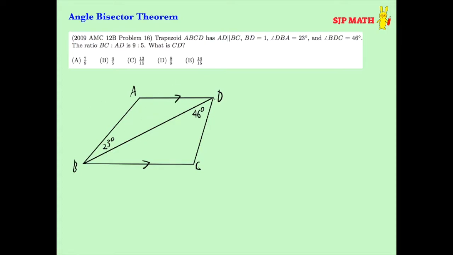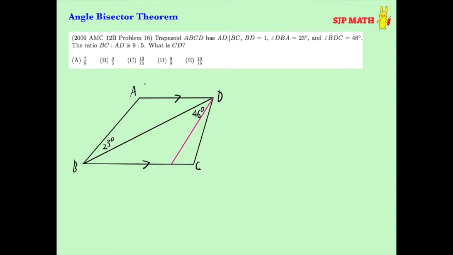Firstly, we're going to draw a line that passes through D and is parallel to AB. Let's put that in pink. About like that. Yeah, that's good.